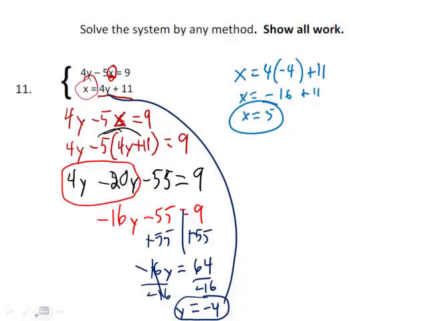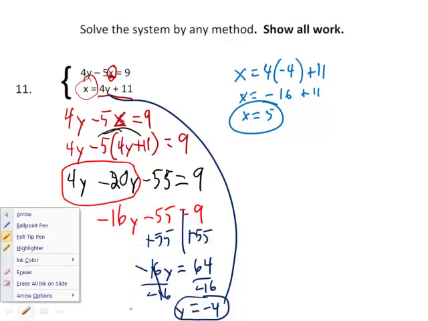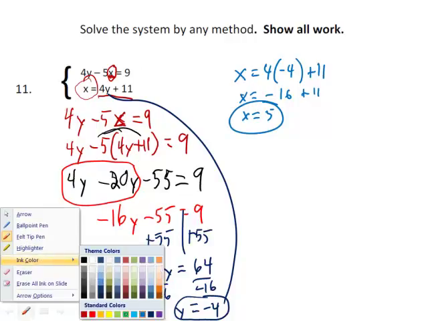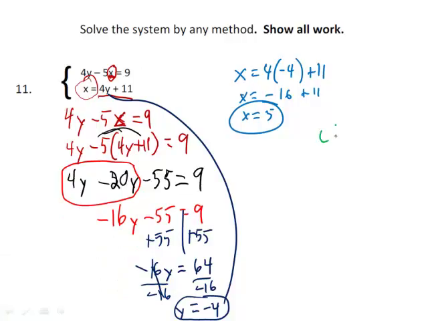All right, one last thing to do, and that's to do the check. So we'll take the other equation. 4 times negative 4 minus 5 times 5. Does that equal 9?